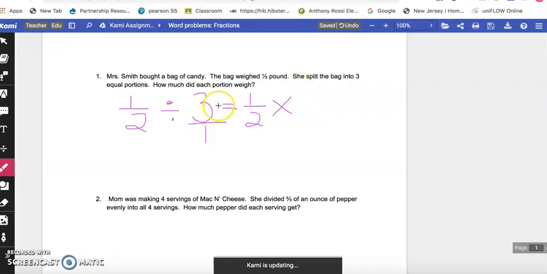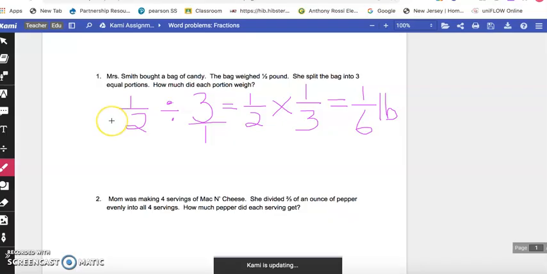So we want to take the reciprocal of our 3 over 1, which is 1/3. And when we multiply that, we get 1/6. So each bag is going to have 1/6 pounds of candy in the bag.